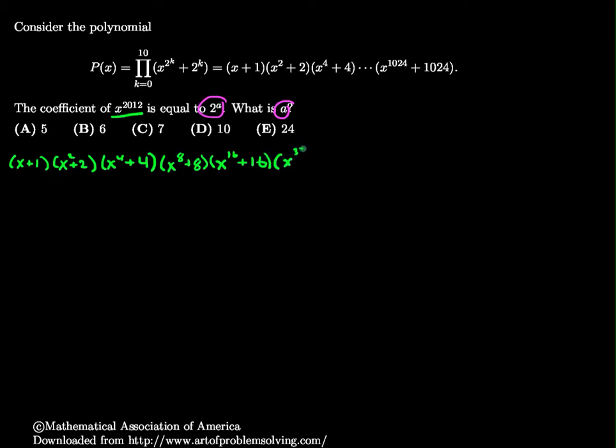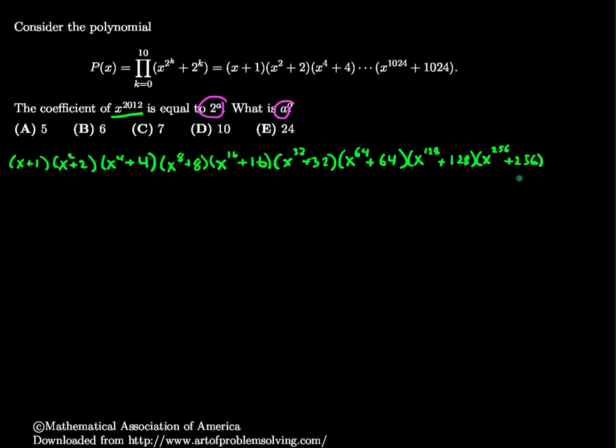Let's see, I'm about halfway through. Plus 32 times x to the 64th plus 64 multiplied by x to the 128th plus 128 multiplied by x to the 256 plus 256.